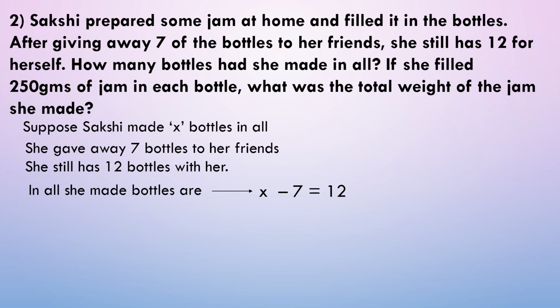So here minus 7 is there. Which property will you use? Addition property. So x minus 7 plus 7 on both the sides. Minus 7 and plus 7 become 0.